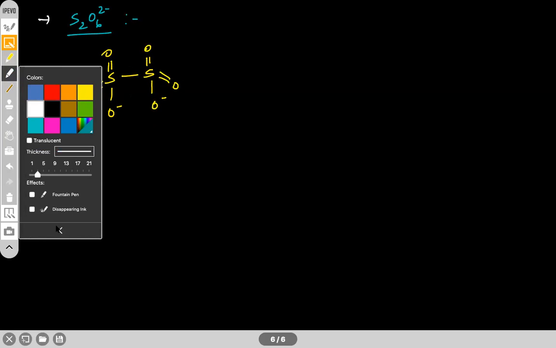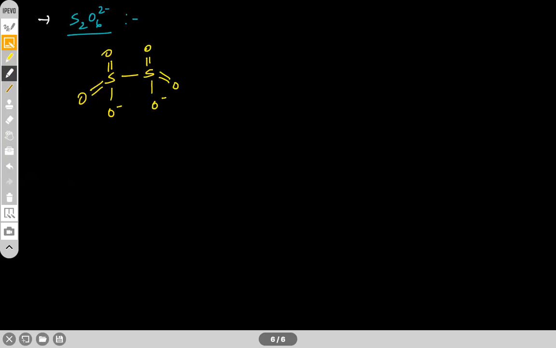S2O6 2 minus, the structure is: 2, 4, 5 here and 2, 4, 5 here, plus 5. So it's symmetrical, same value we have, hence the average is also +5.